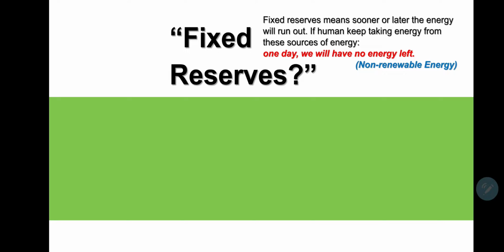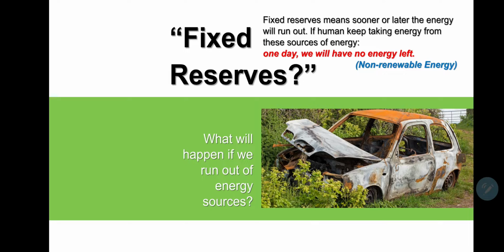So one day we will run out of those energy sources. What will happen if we run out of energy sources? This will happen. We can no longer use the car, because there is no gasoline.